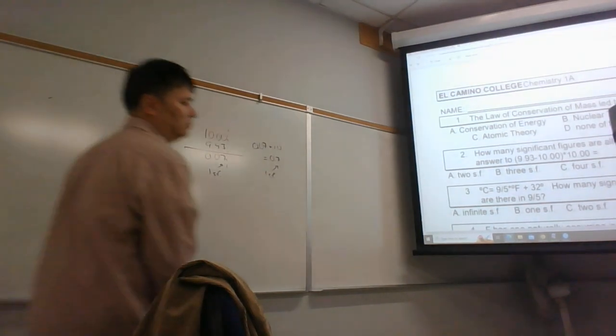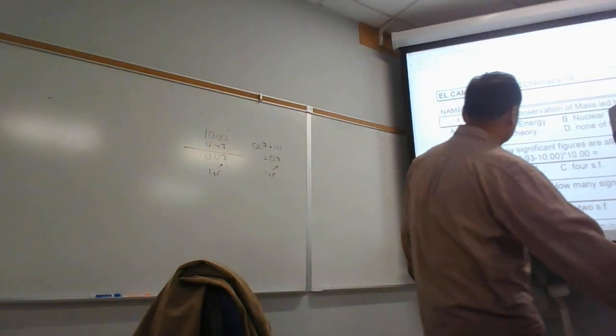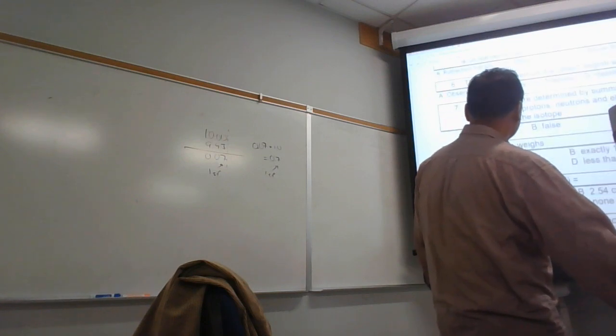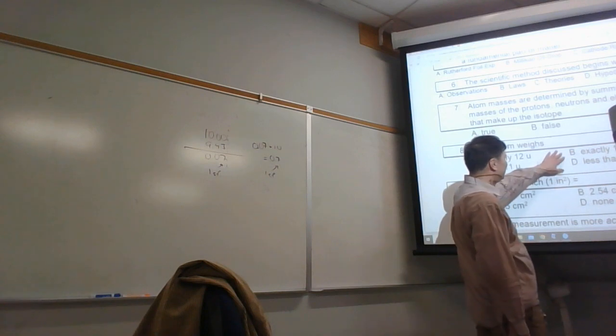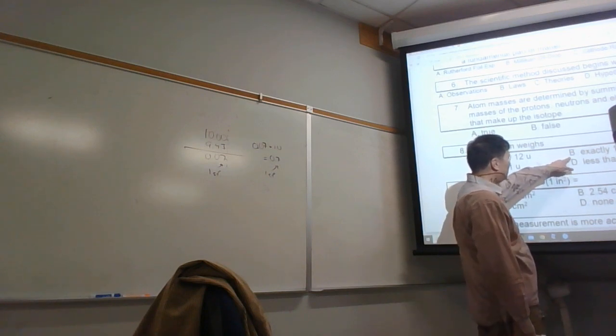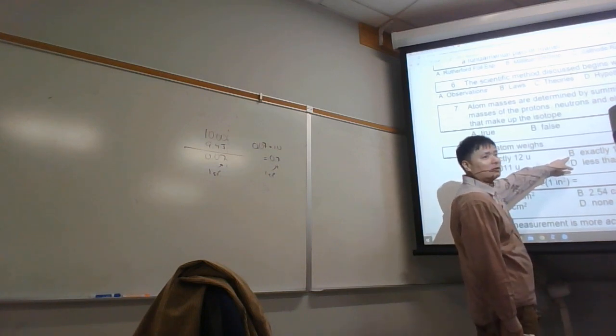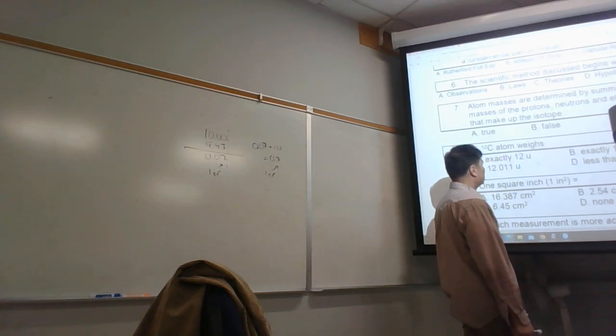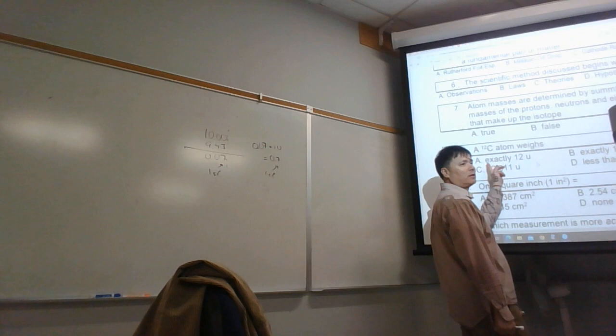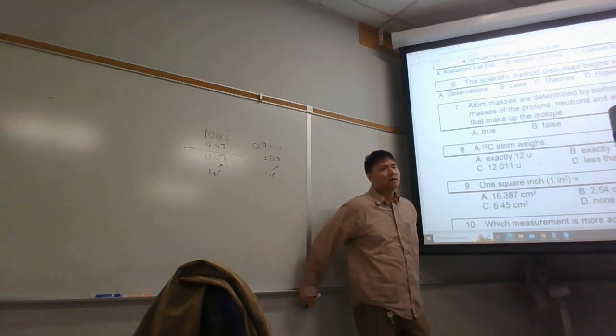Number 8. A carbon-12 atom. This one is a mistake on the key. I put down B, but that's not correct. What's the correct answer? A. If you put down A, then I'll credit you for that.